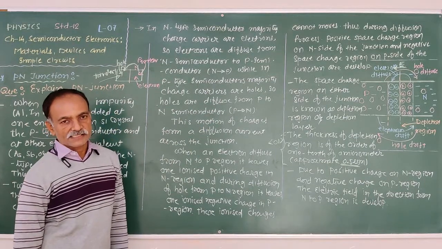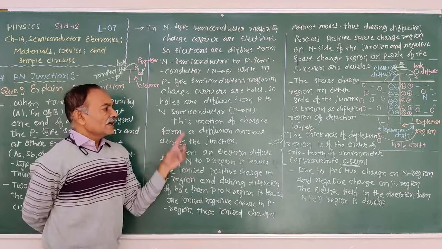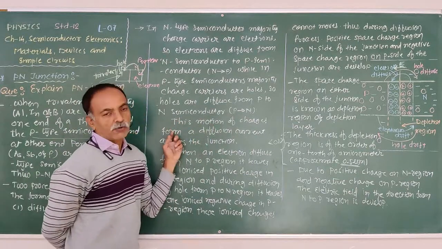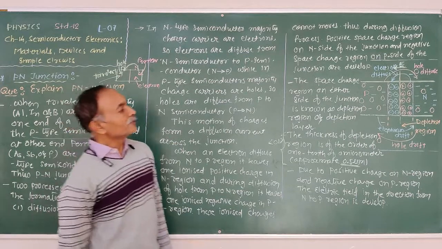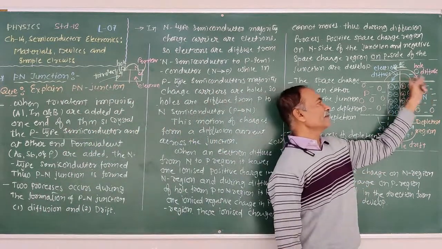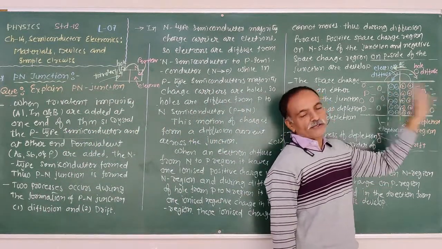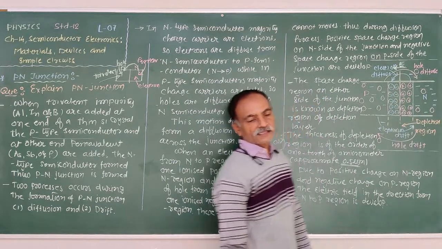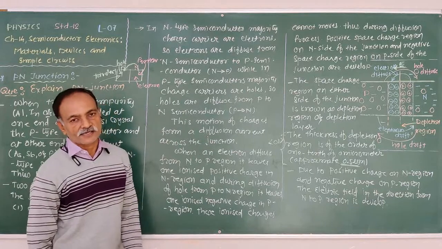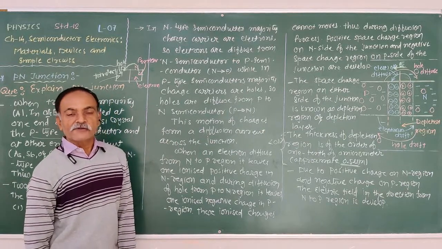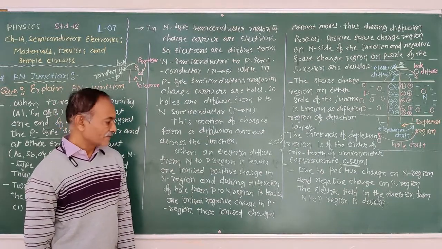Clear this? Okay. Now, this motion of the charge forms a diffusion current across the junction. Due to the diffusion, electrons from N to P and holes from P to N form the diffusion current across the junction. Now, during this diffusion process, what happens?